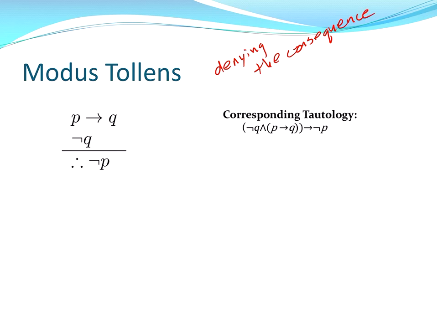So if P implies Q is true, and I tell you that Q is not true, it must follow that P is not true. You could also see this by modus tollens, because P implies Q is the same as not Q implies not P by the contrapositive. And there's the corresponding tautology. Again, I recommend you do the truth tables for these to see that these are always true.